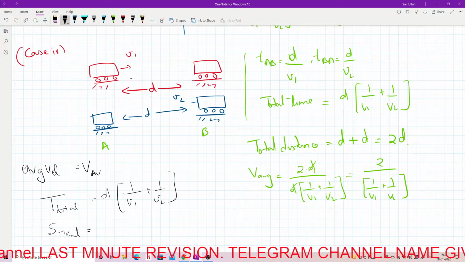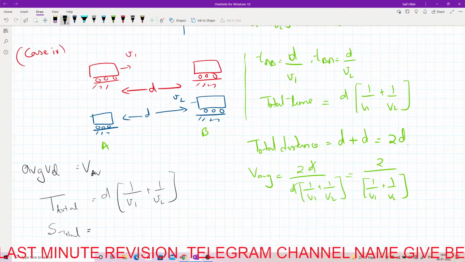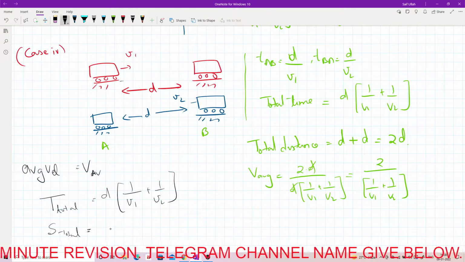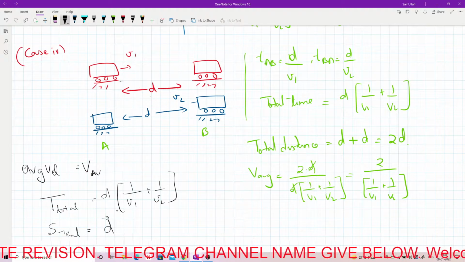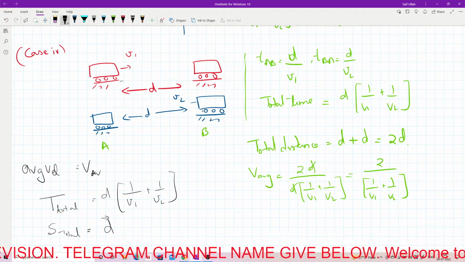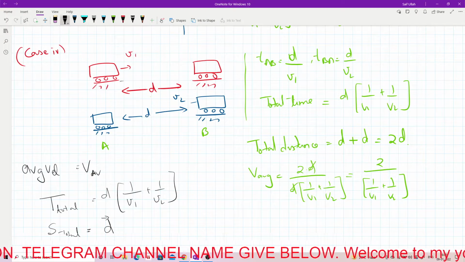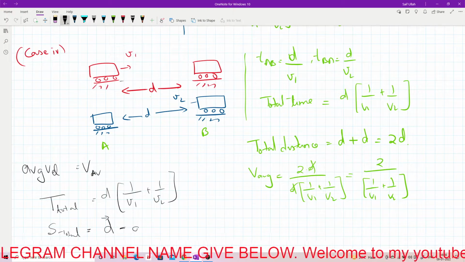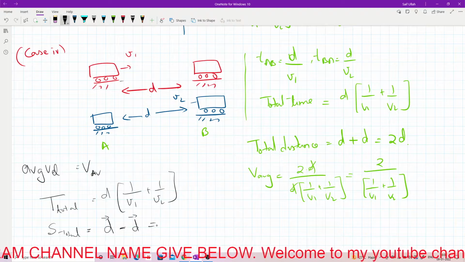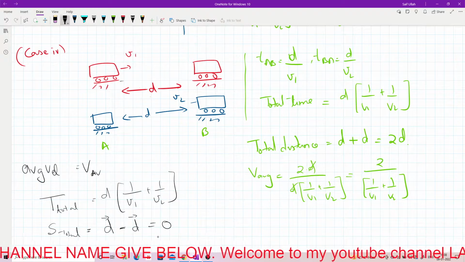In the first one the direction is from left to right, so it will be d. In the second case it is from right to left, so it will be minus d. So the total displacement will be 0 here.